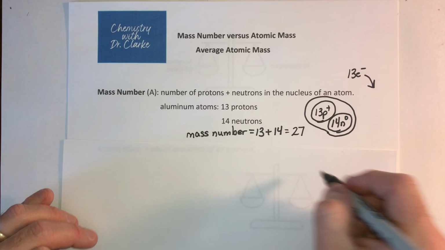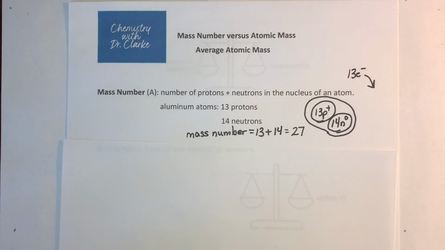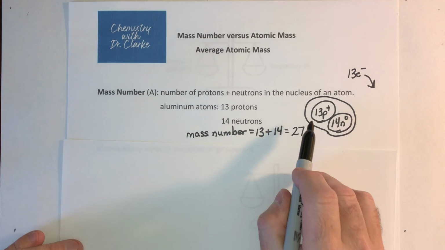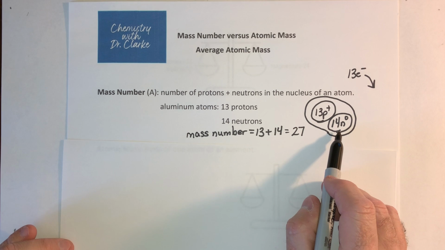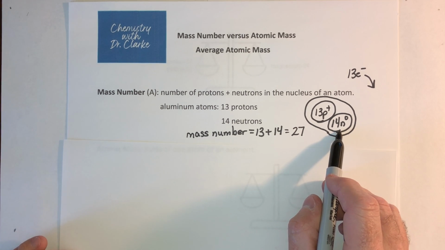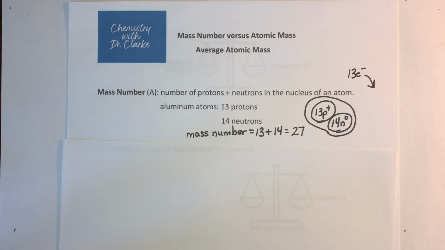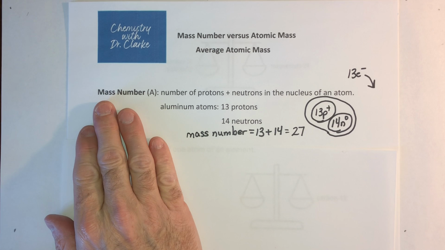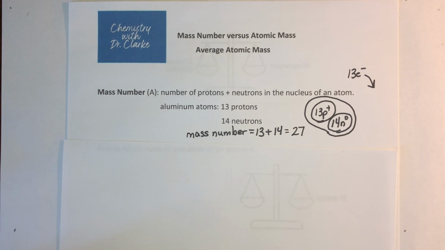So in this atom, I have 27 things that are considered to be heavy. 13 heavy protons and 14 heavy neutrons. Together I have 27 things that are heavy, that are massive. So your mass number is the number of protons plus neutrons.